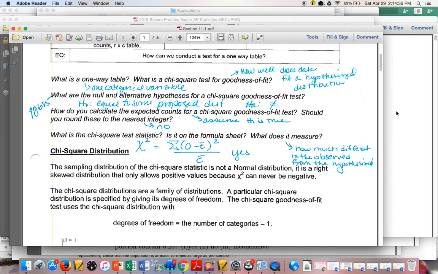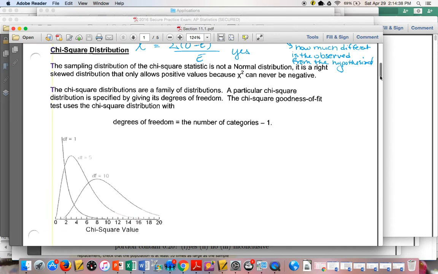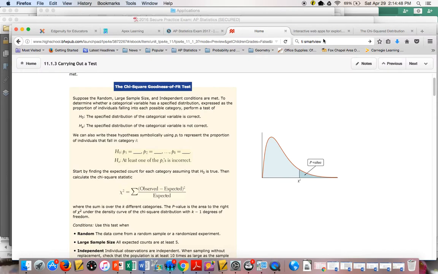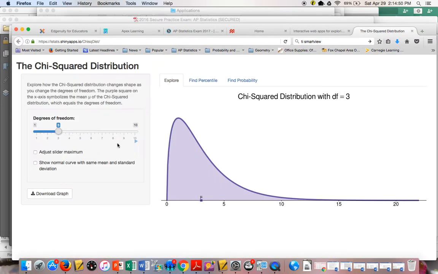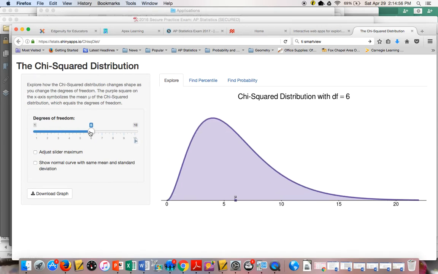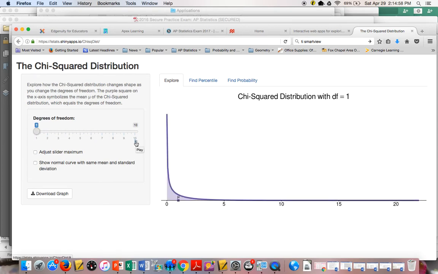Your chi-square distribution is not a normal curve. It's a right-skewed distribution, and depending on the degrees of freedom, it changes shape. Here's the degrees of freedom of 1 for the chi-square distribution.